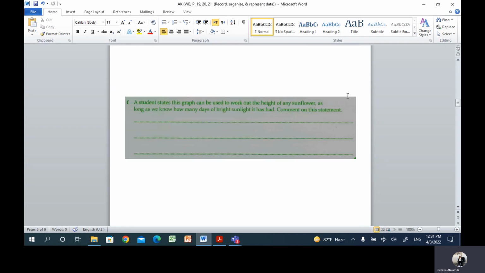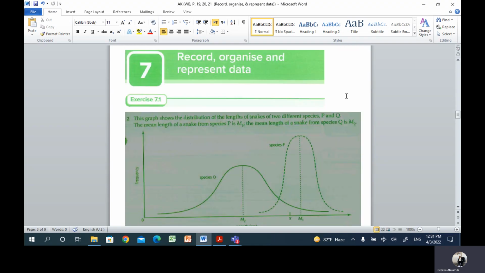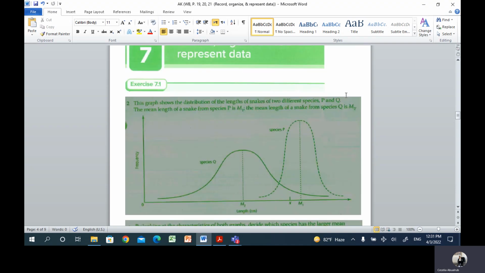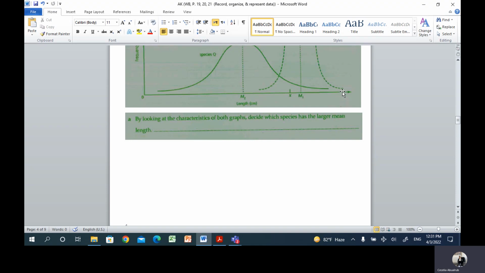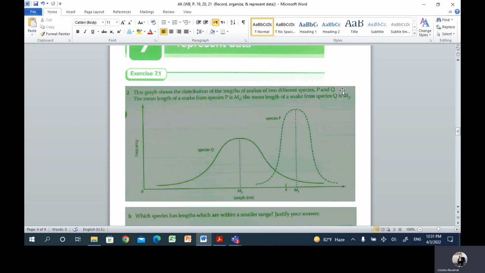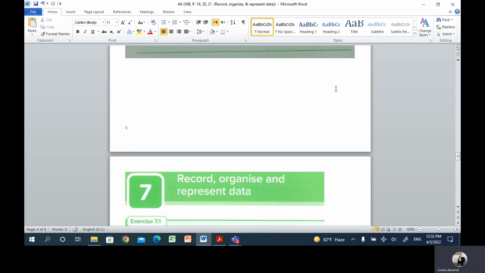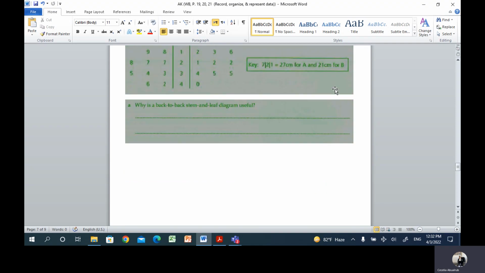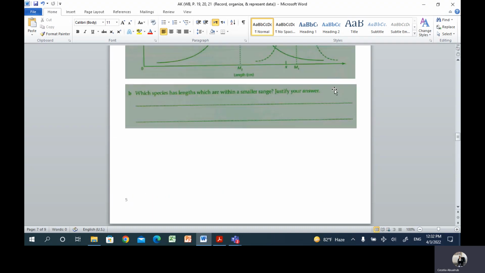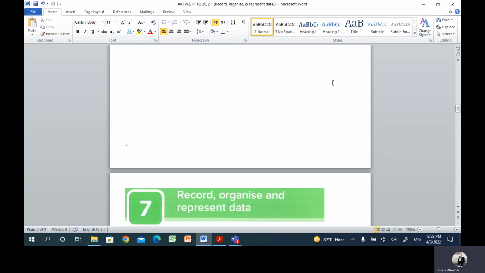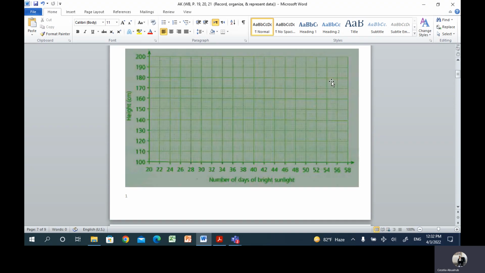And in the second question, we will have some drawn graphs, and we're going to interpret information from these drawn graphs and answer questions. And at last, it's the back-to-back stem and leaf where we compare between two sets of data. So that's what we're going to do today.